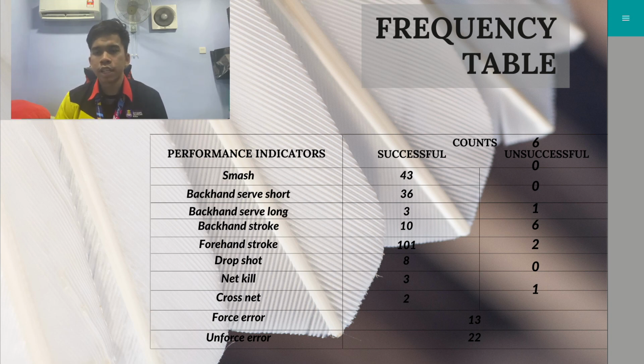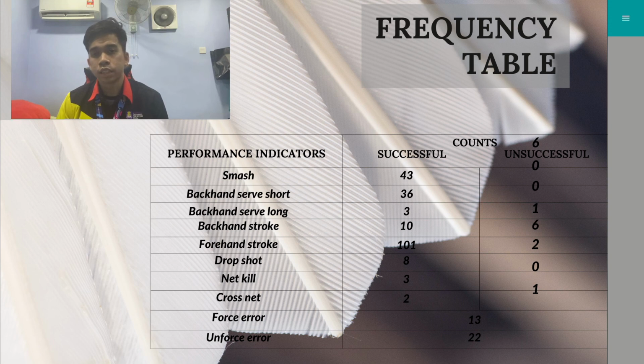The next one is backhand serve short. Lee Zii Jia successfully did 36 backhand short serves and 0 unsuccessful. The third one is backhand serve long, where he successfully did 3 of them and 0 unsuccessful. The fourth one is backhand stroke. 10 backhand strokes were successful and only 1 was unsuccessful.